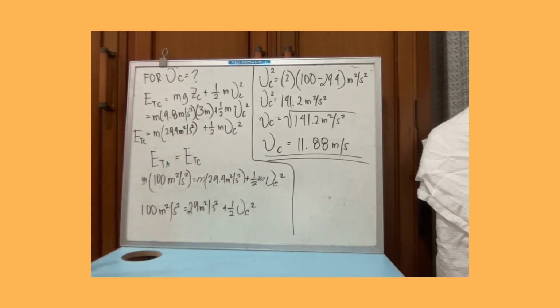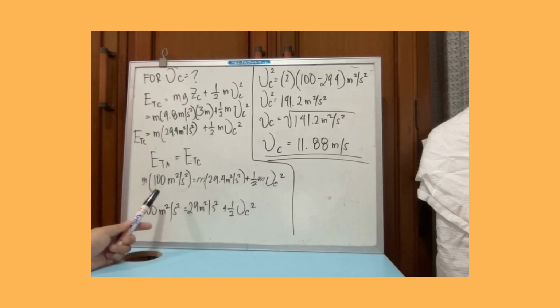Ang conservation of energy natin is total energy sub A is equal to total energy sub C. So, makikita natin ulit itong mass times 100 meters squared per second squared. Okay.